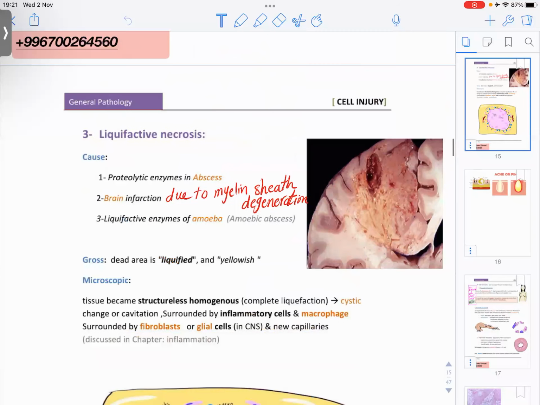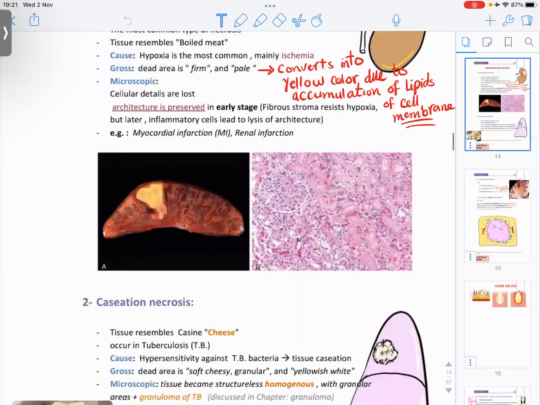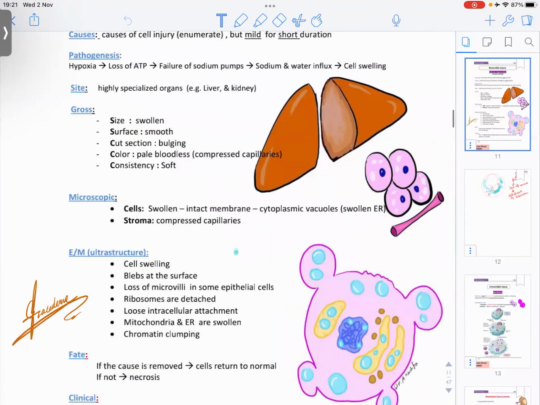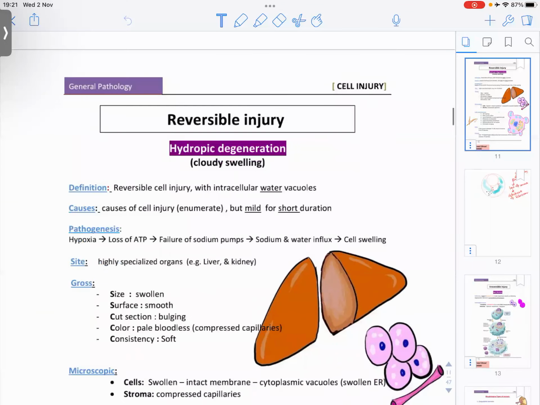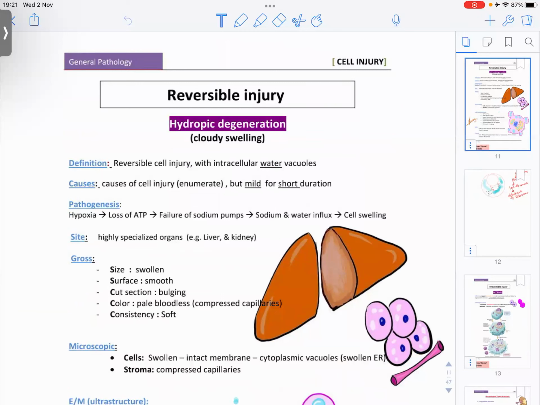And we said that in reversible cell injury, we have two features: hydropic degeneration and hyalinosis degeneration. Hydropic is when the cell loses the ability to get rid of water and starts to accumulate a lot of water inside the cell. And hyalinosis is when the cell loses the ability to get rid of protein, and the protein starts to accumulate and condense inside the cell.